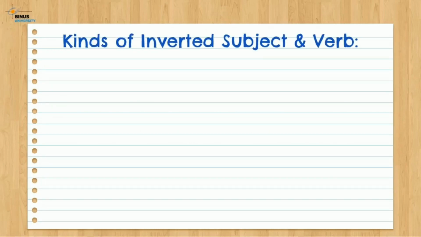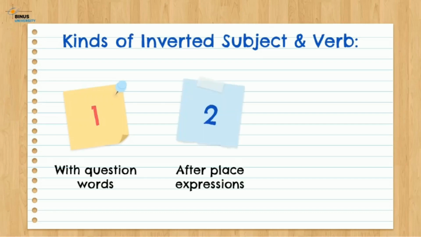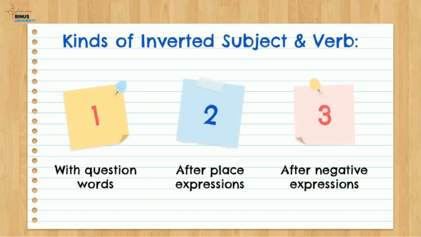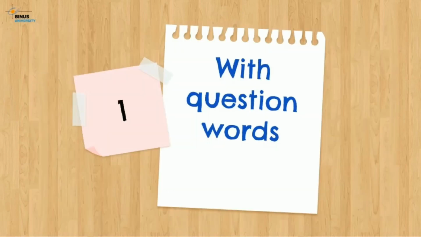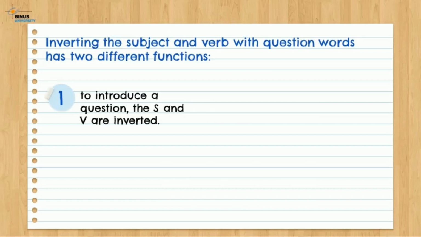In the TOEFL test, here are the most common situations with inverted subjects and verbs questions that occur: with question words, after place expressions, and after negative expressions. Inverting the subject and verb with question words such as who, what, where, when, why, and how has two different functions.